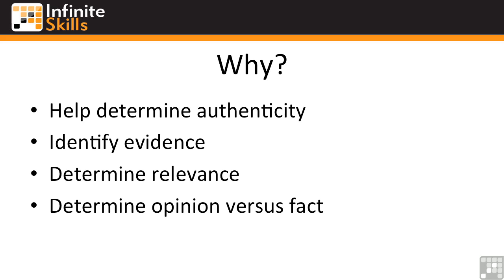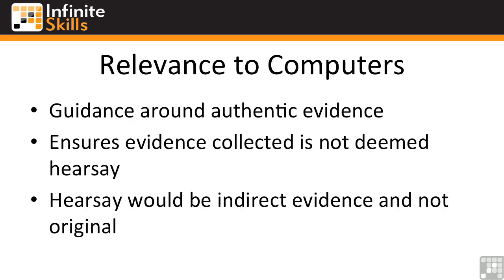The rules of evidence are there to help determine which of your statements are opinions and which are factual in basis and foundation. So that's what the federal rules of evidence are there to do: to help determine the authenticity, make sure that we understand what the evidence is and whether it's relevant, and also help determine what's opinion and what's fact.